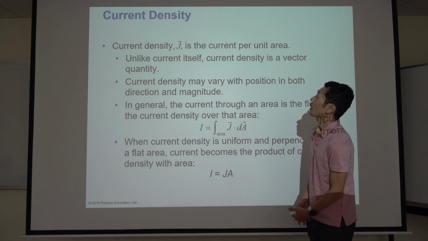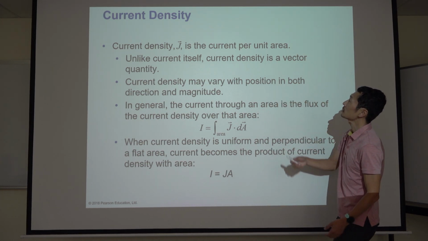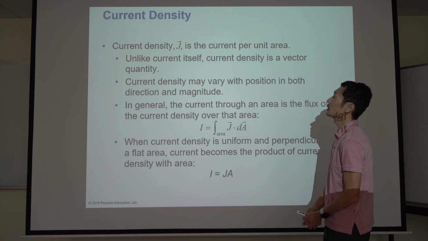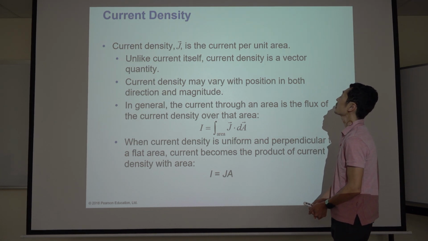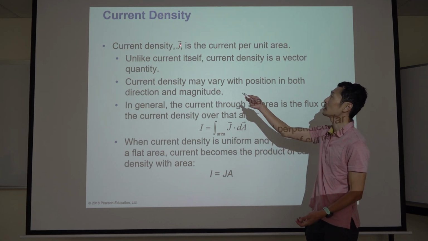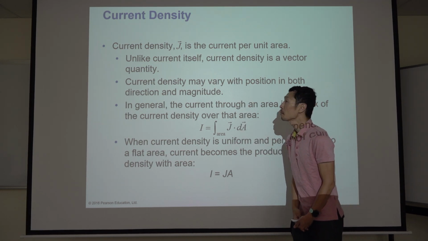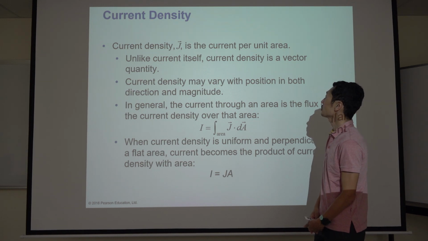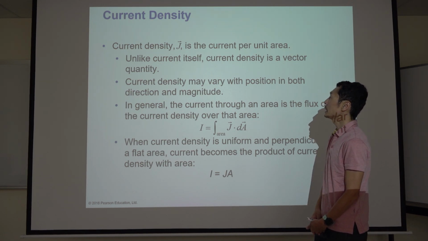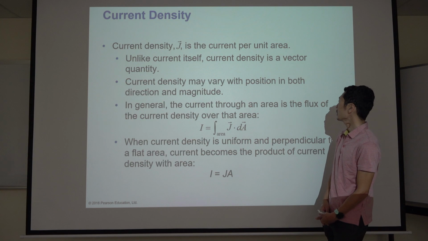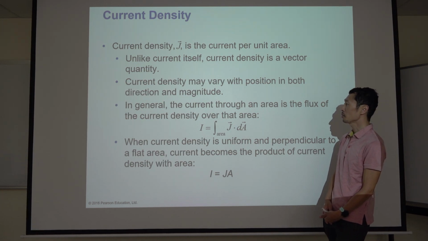Current density. Current density J is the current per unit area. Unlike current itself, current density is a vector quantity. Current density may vary with position in both direction and magnitude. In general, the current through an area is the flux of the current density over the area.